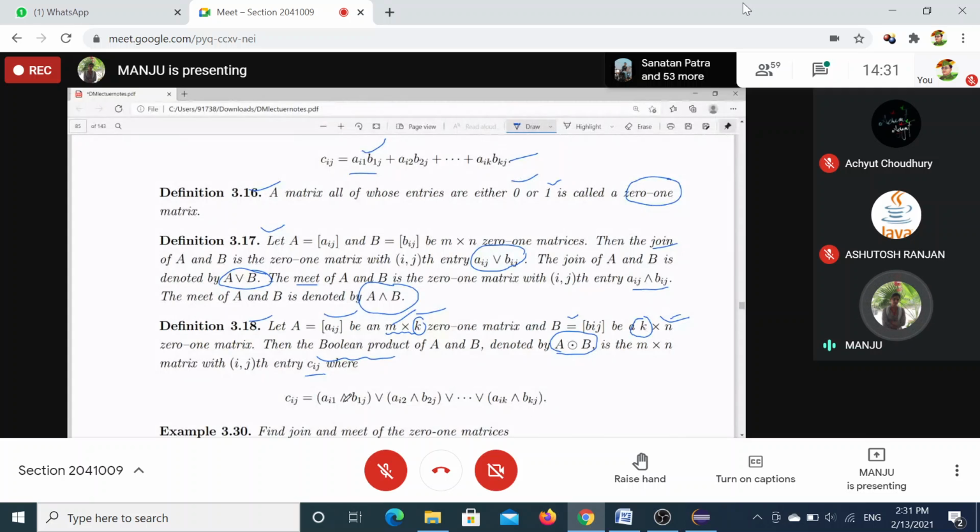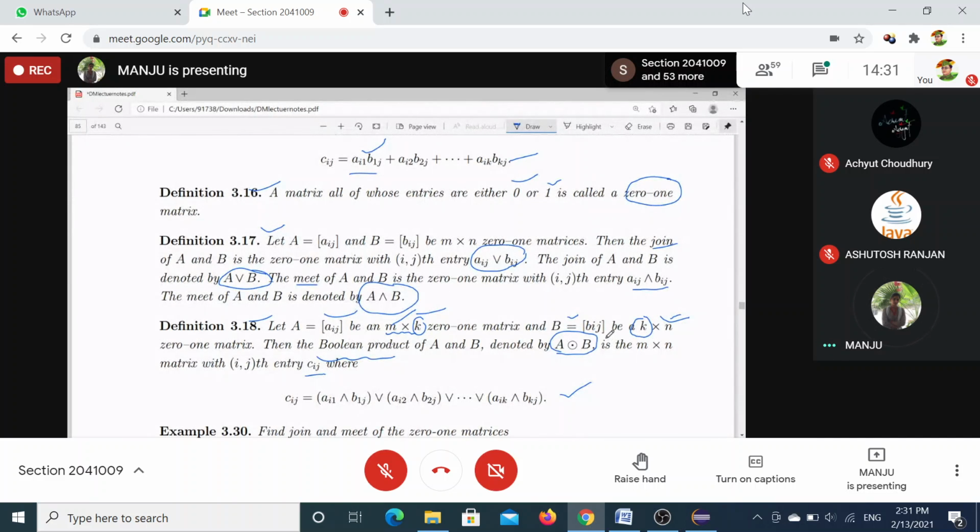Here you just replace this multiplication with meet and addition with join. You will get the ijth entry of the Boolean product of A and B.